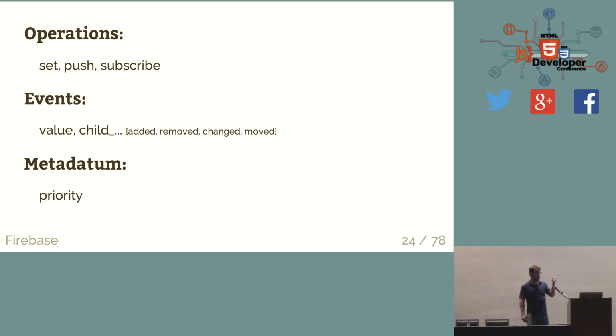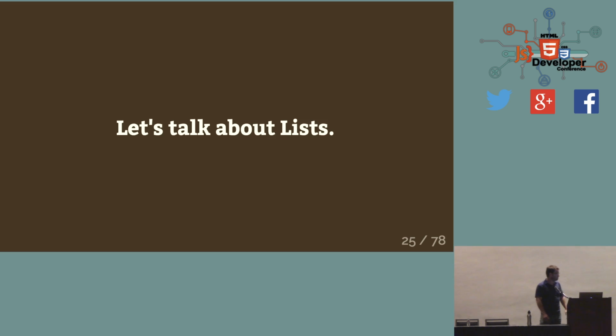So this is it. We write data, there are a couple of ways to write data, and we listen for new data. Value fires when we're fully synchronized, and the child events fire incrementally as data is getting loaded. That's it, so pretty simple in terms of what we can do.